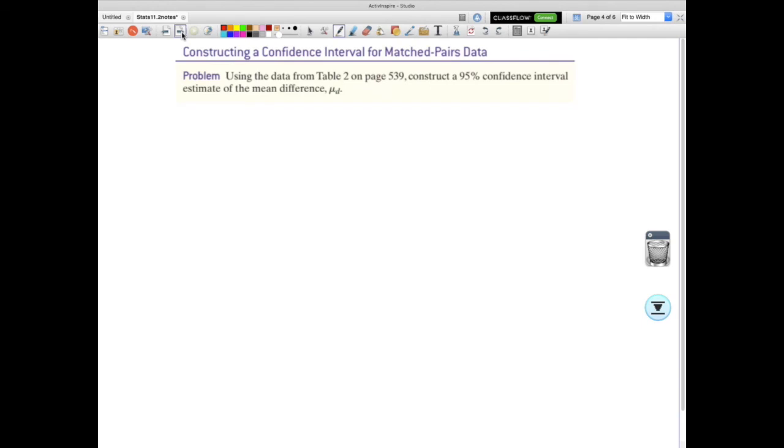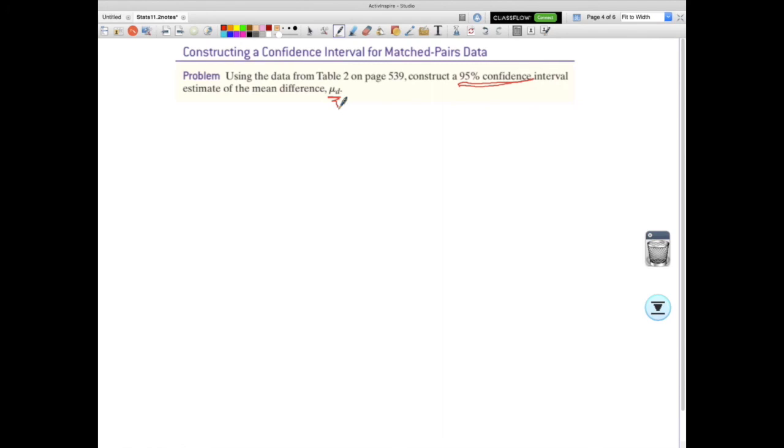Instead, we have a wonderful keystroke on our calculator that's going to hook us up. So we're going to use the data from table 2, and we're going to construct a 95% confidence interval to estimate the mean difference, okay? So our average difference. We do have the actual average distance that we did calculate, right? But that is not taking into consideration that there's variance from sample to sample.